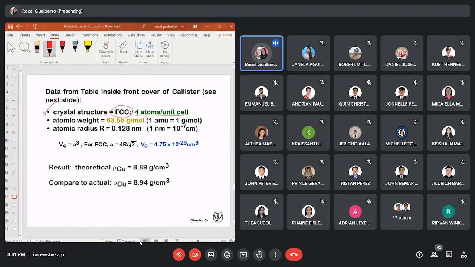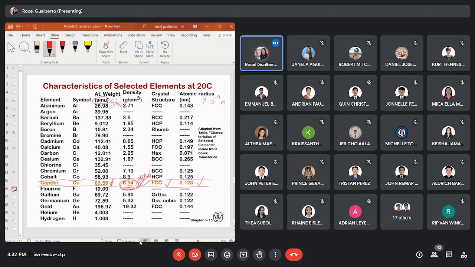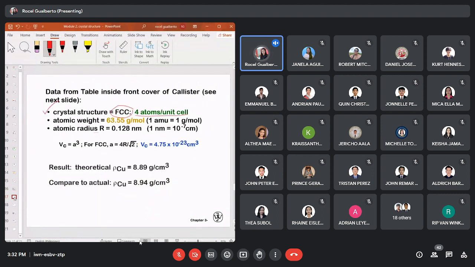That is what we recalled earlier. It's either 2, 4, 1 or 6. And then you have the atomic weight. The given from the table is an atomic weight of 63.55 AMU, atomic mass unit, which is the same as grams per mole.